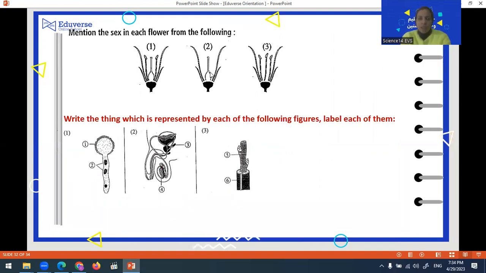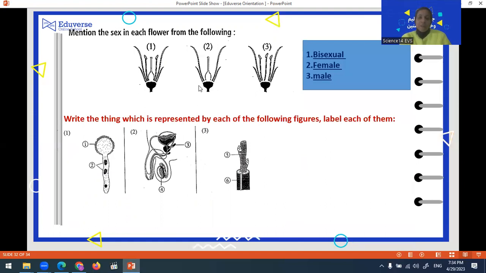Number one, bisexual, hermaphrodite. The second is a unisexual female flower. And the third picture, you don't have the gynoecium, we only have the androecium. So we have the male unisexual flower.